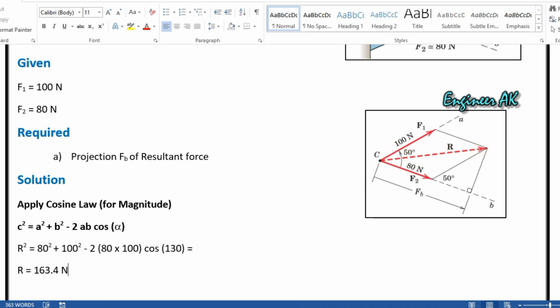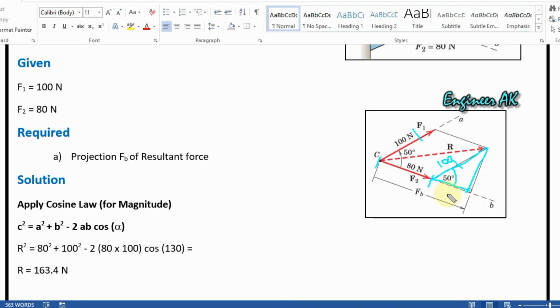Now we have to find the projection, and for the projection it is simple. We already know that from here till here it's 80 Newton. Now if I consider this triangle, this 50 is with this axis, and you can see that this line is parallel to this, so here it is 100 Newton actually.